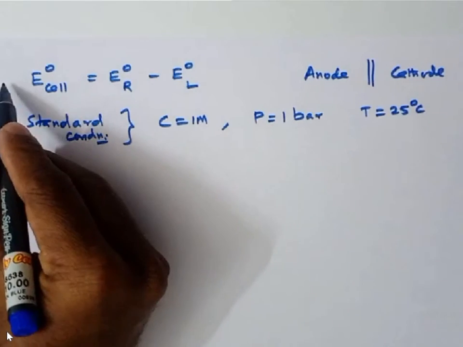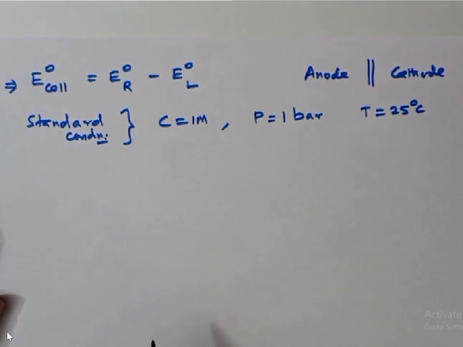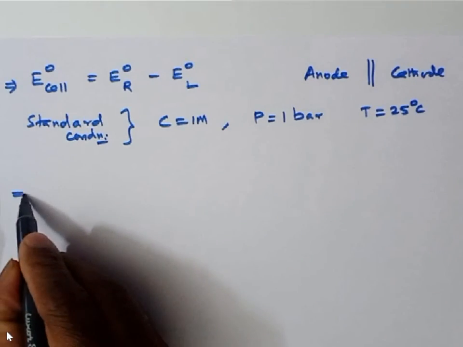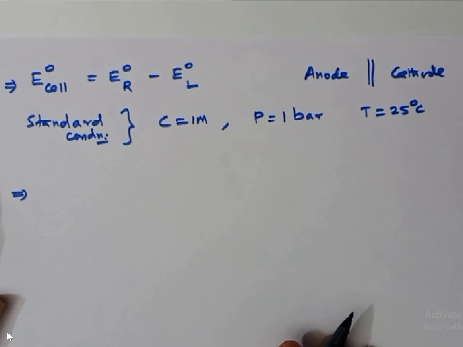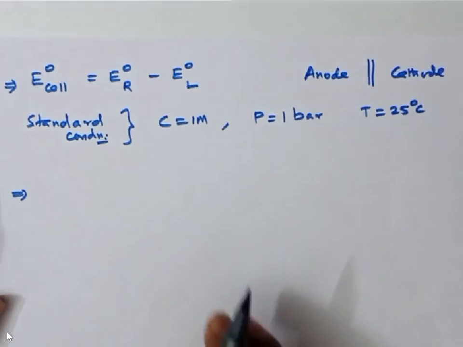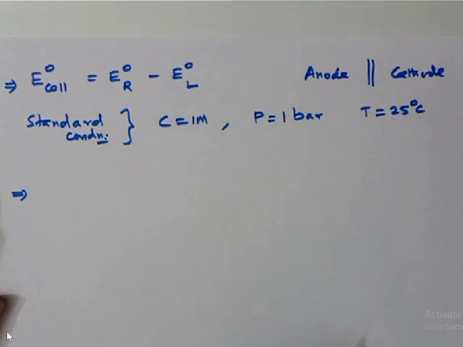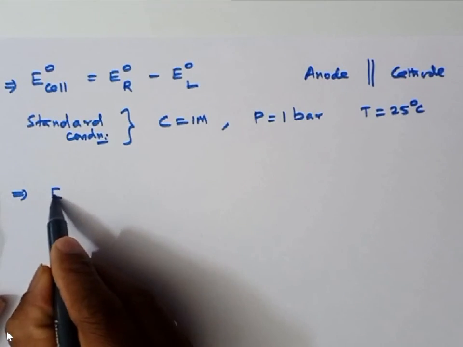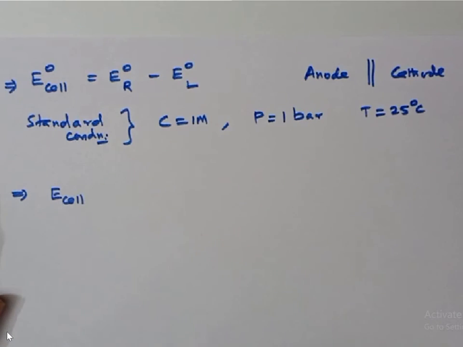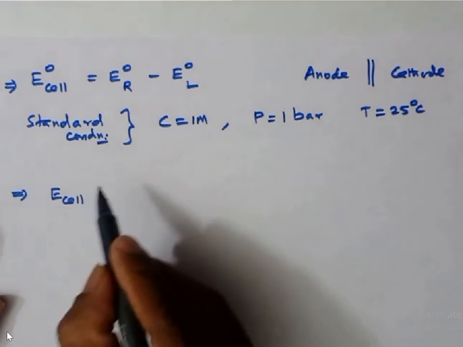Suppose the cell is not in standard condition, the concentration is not 1 molarity, the pressure is not 1 bar. Then whatever potential comes out, we call it the cell potential. What is cell potential?